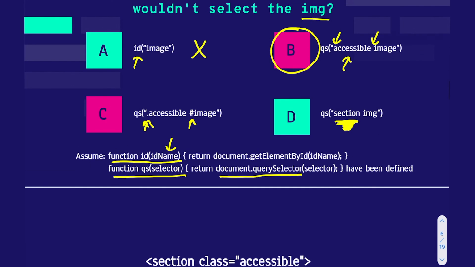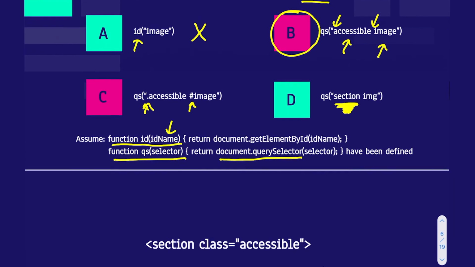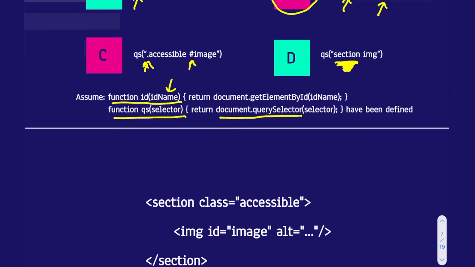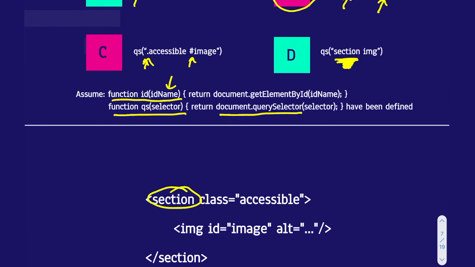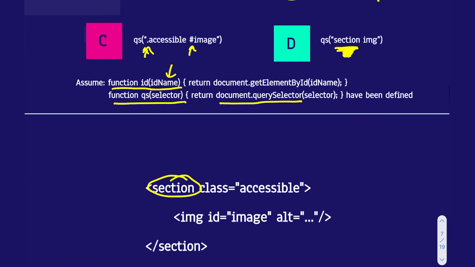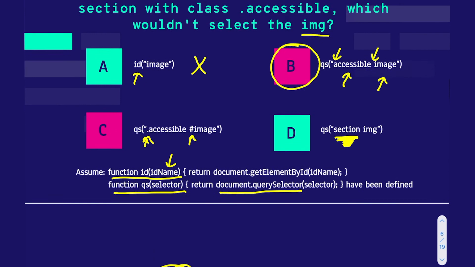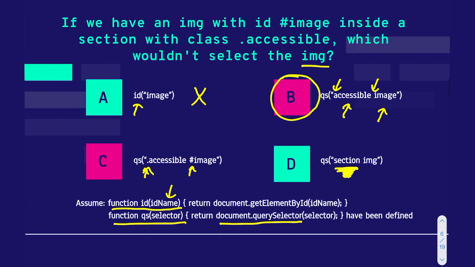So this might have worked if we had some sort of tag that was named accessible and some sort of tag that was named image, but we don't, right? So it's saying, grab that tag, all right? I grabbed it, and then inside of that, grab the image. So we're returning this whole image. So this one works as well.